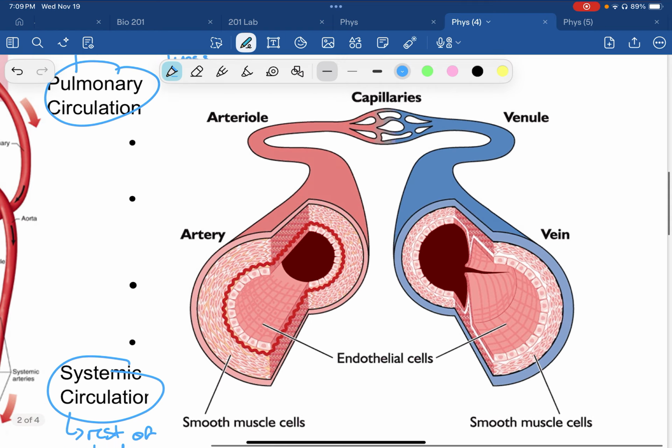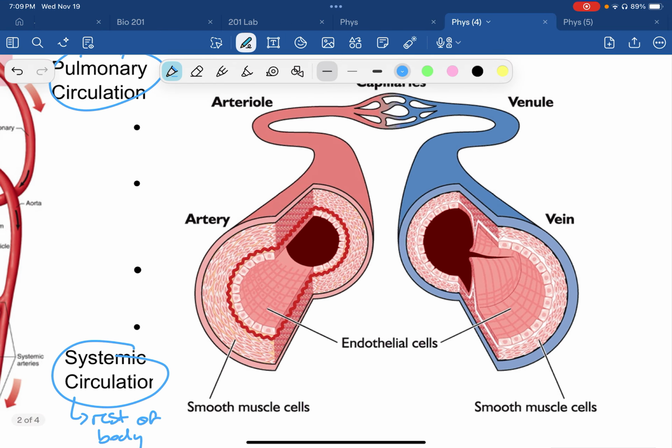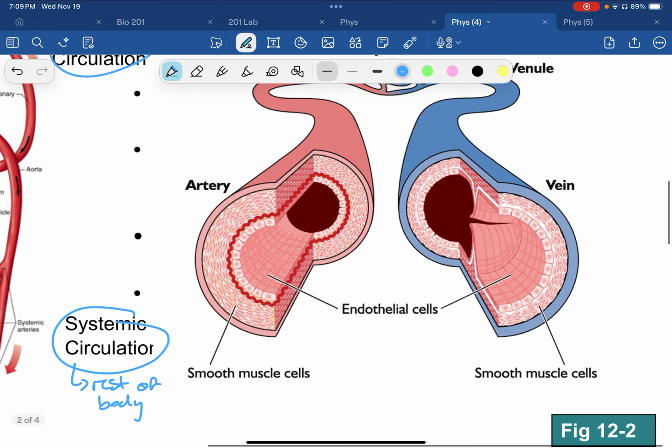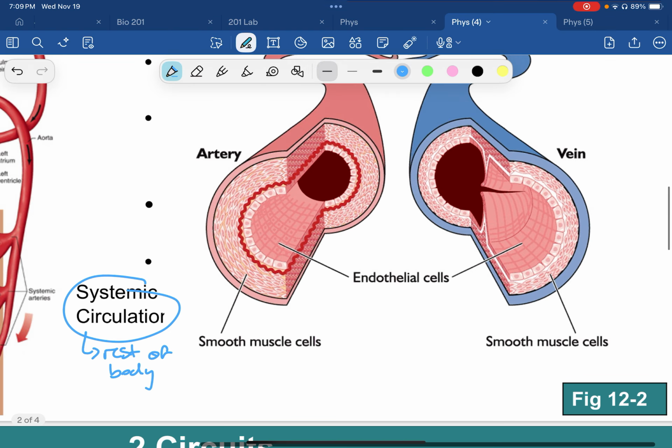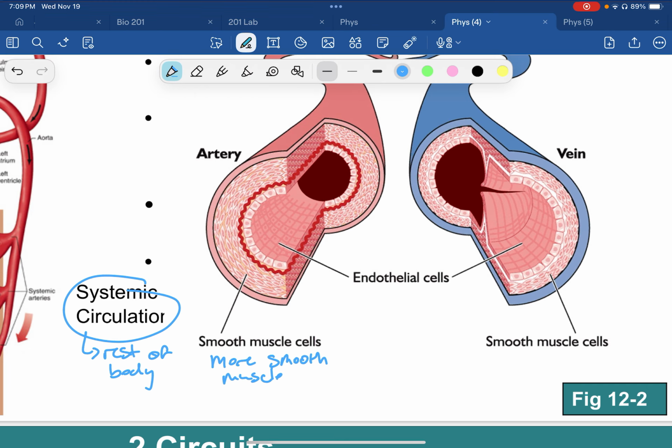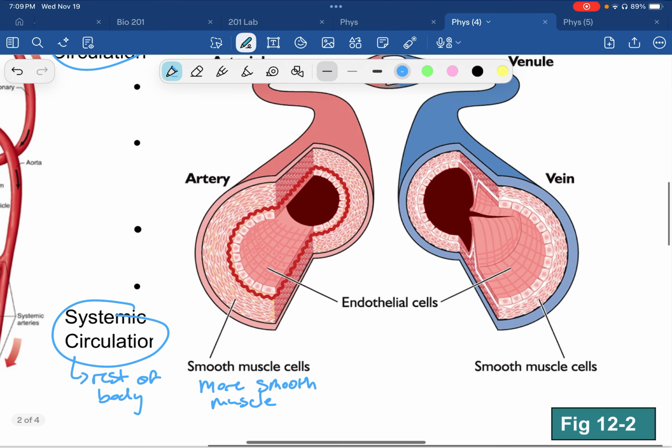And over here, we can see kind of the route that the blood takes and kind of the difference between the arteries and the veins. So we can see that our arteries have a lot more smooth muscle, and our veins also have valves. So those are two main differences between our arteries and our veins.